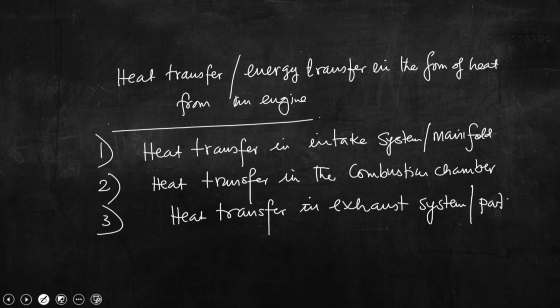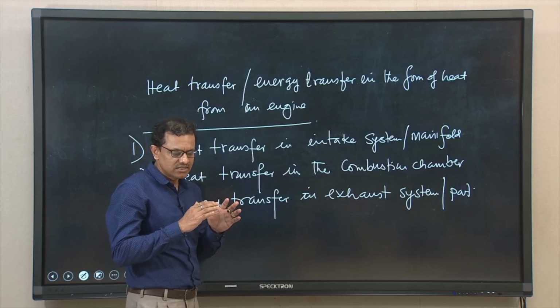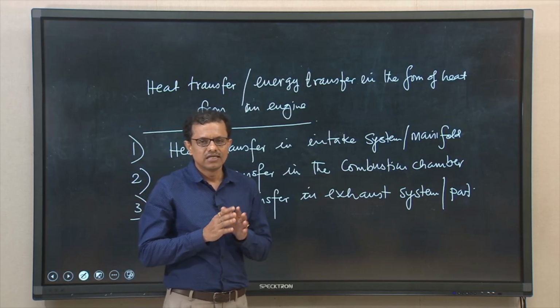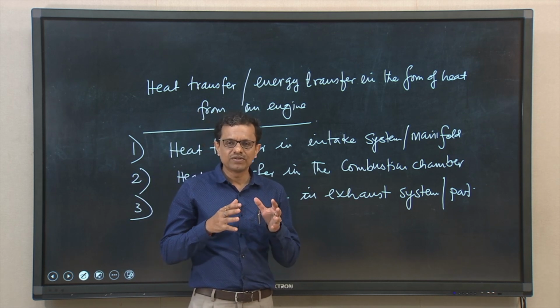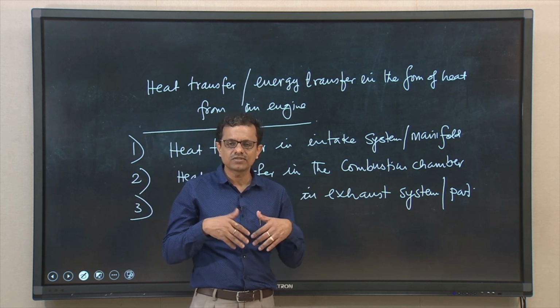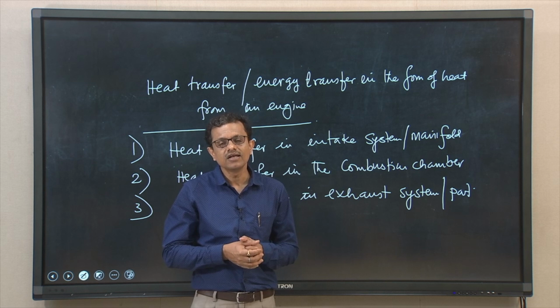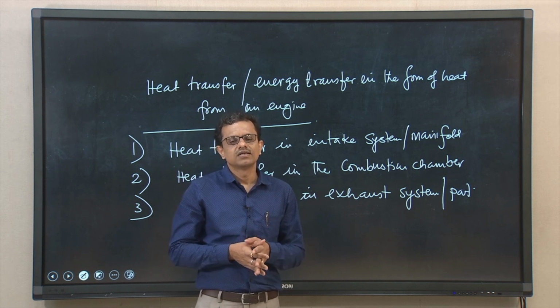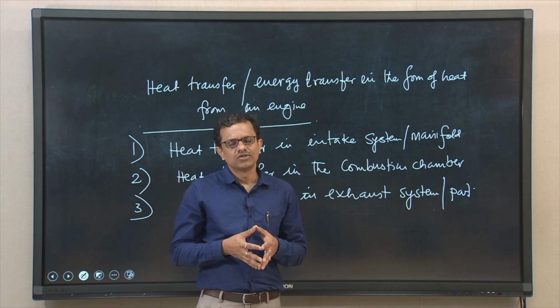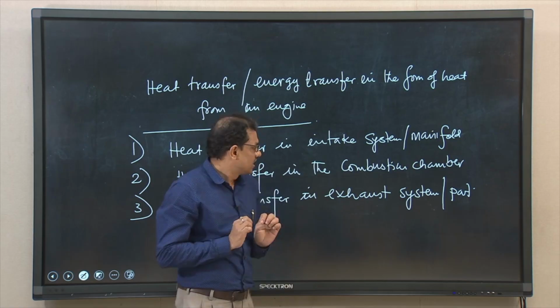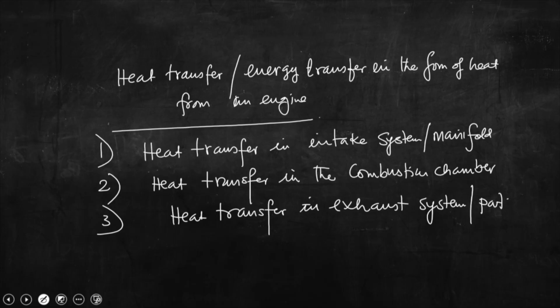So, these are the 3 important surfaces through which we can have heat removal from the combustion chamber into the ambience, so as to keep several components intact, to prevent several components from their possible mechanical failure and to enable the engine to run smoothly. Now, the question is heat transfer in the intake system and heat transfer in the exhaust system.